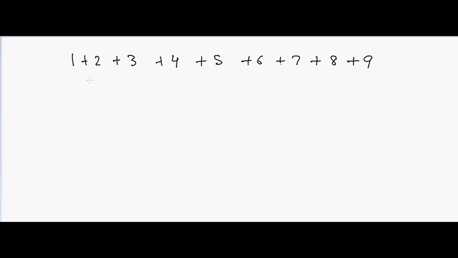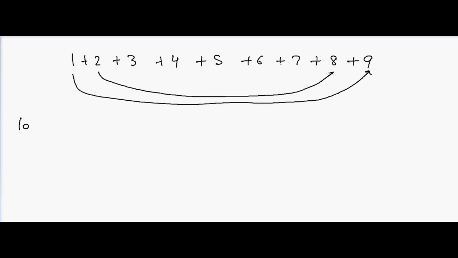If we look carefully, we can add this 1 and the 9 here, so we'll get a 10. Then we can add 2 and 8 here, so we'll get another 10. Then 3 and 7, another 10.